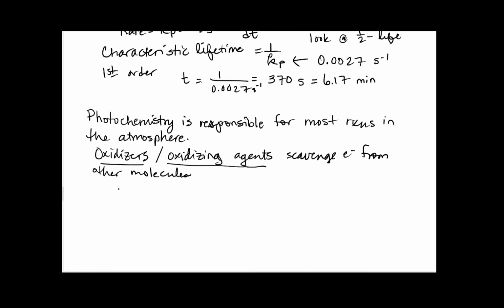So some of our most important oxidizers here, this oxidant, the hydroxyl radical, not the hydroxide ion, but the hydroxyl radical, is the most important radical and oxidant in our atmosphere. And it is sort of our atmosphere cleaning agent.